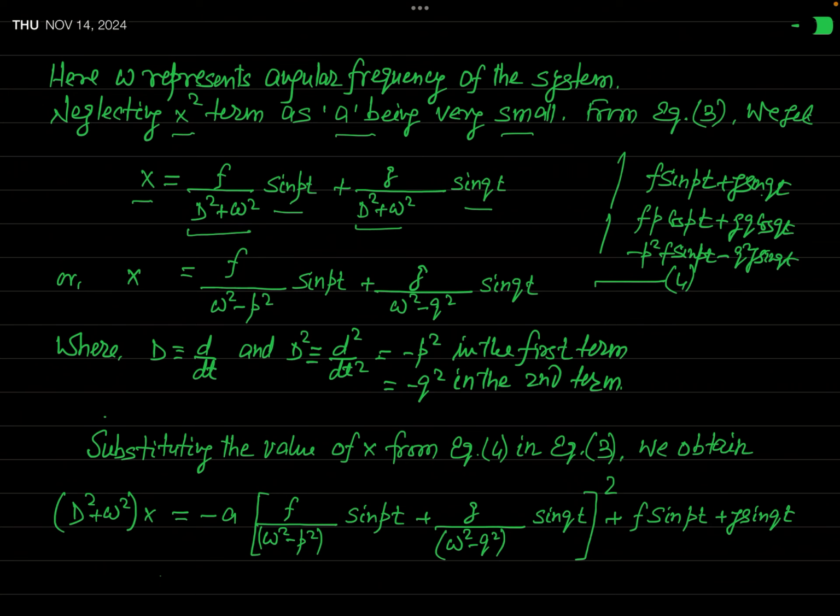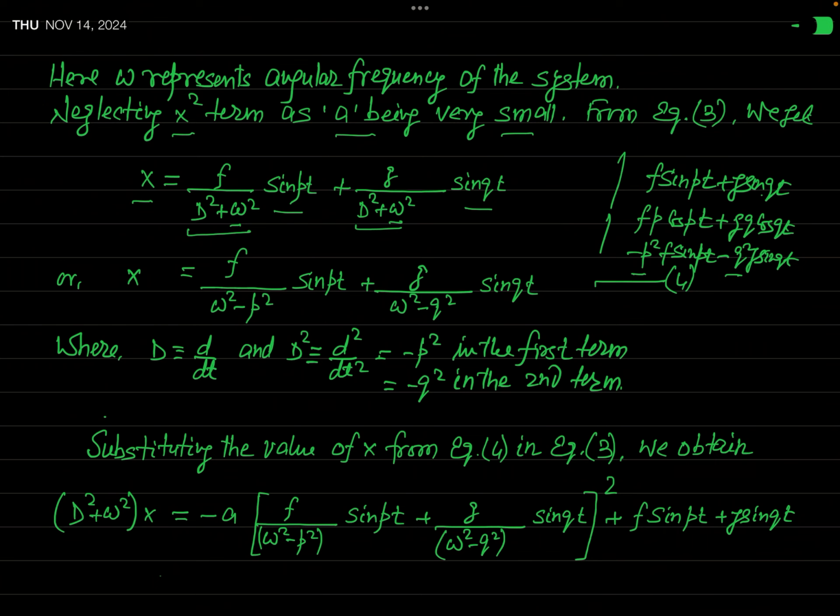So what you are seeing here in this condition is that D² in the first term can be recognized by this minus p², and D² in the second term can be recognized as minus q².